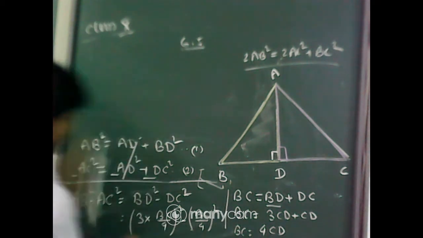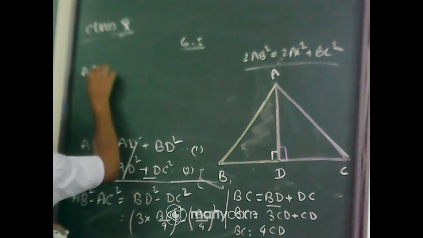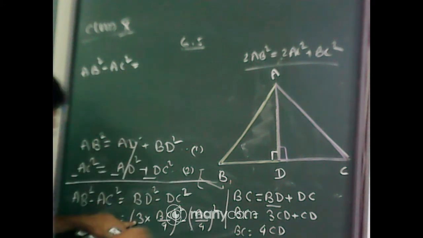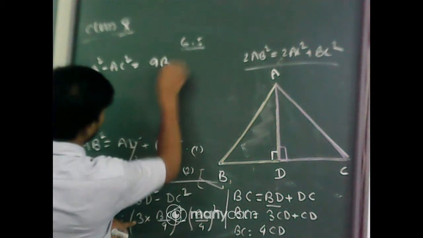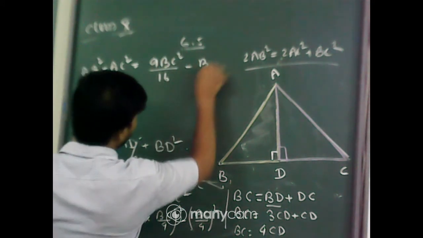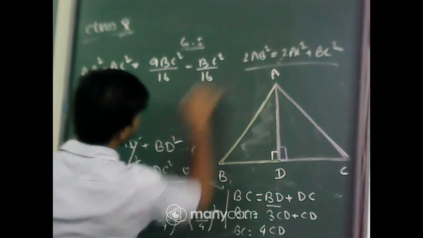Just do the calculation. So AB square minus AC square is equal to 9 BC square by 16 minus BC square by 16.